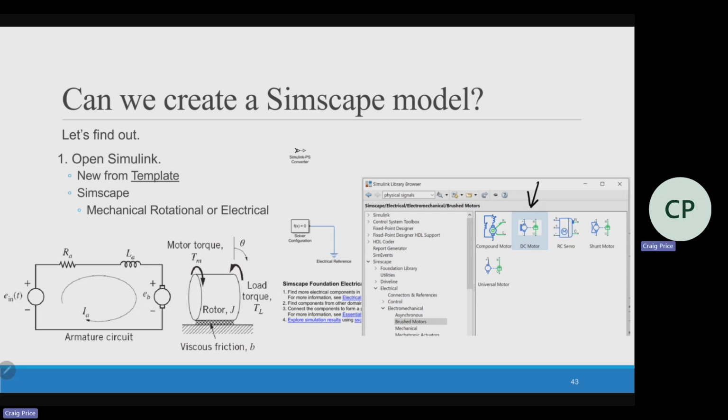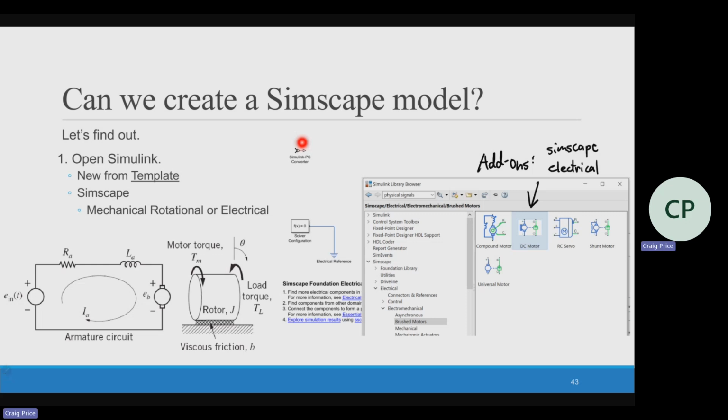If you don't, it's under electrical. If you don't have the SimScape electrical add-on, you'll want to add that. It shouldn't take too long to download. But that gives you a DC motor.